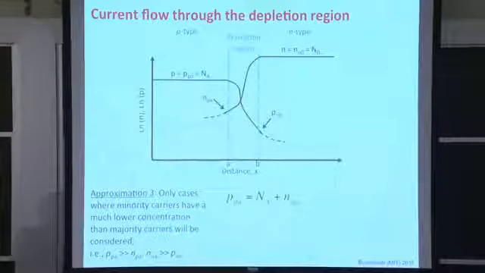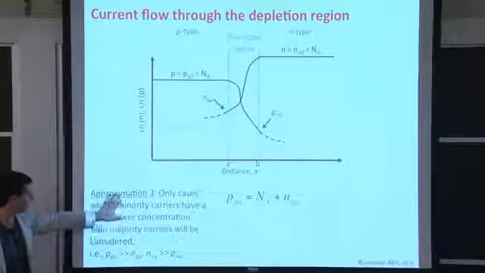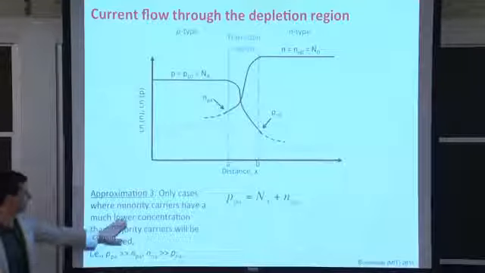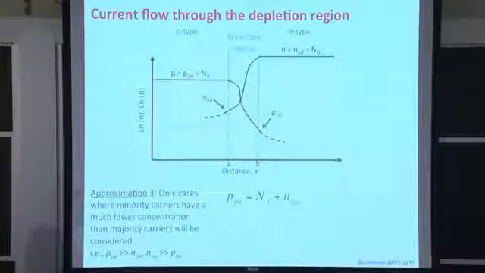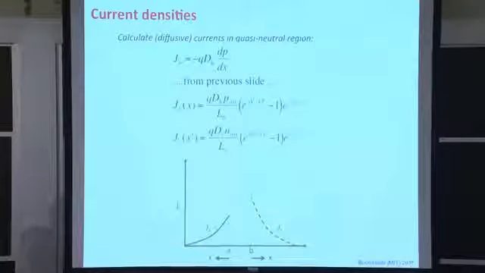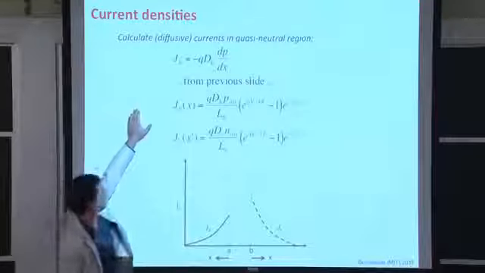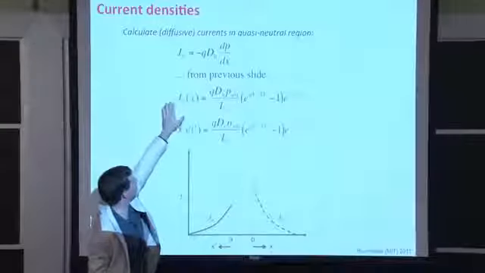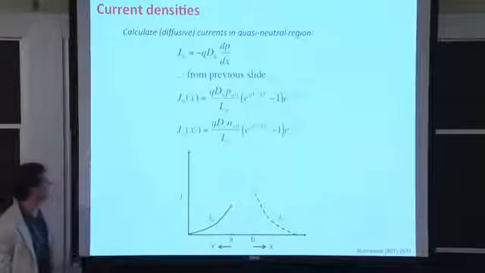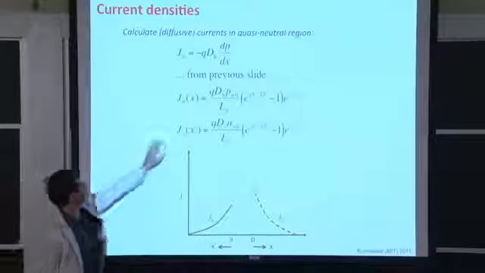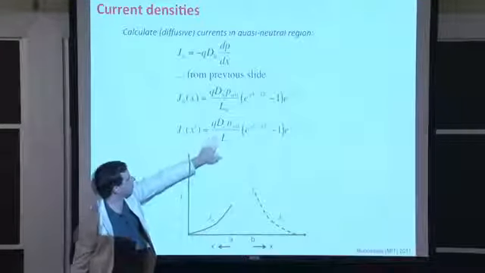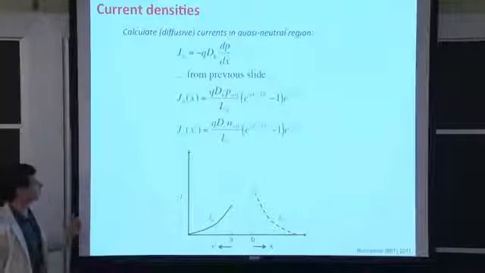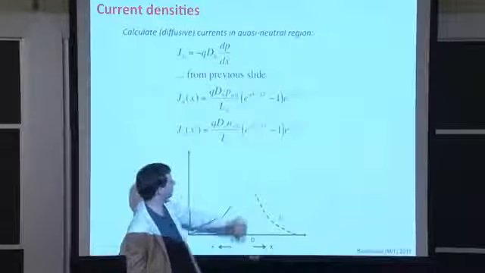And you can consider the cases in which the minority carrier concentration here is dominating to be the regions of interest for current generation inside of our device. And so if we walk through, again, the diffusion equation, the diffusion of carriers at the edge of the space charge region, and from the previous slides here, add our approximations in, we will ultimately derive an expression that has an exponential relation between current and our voltage.